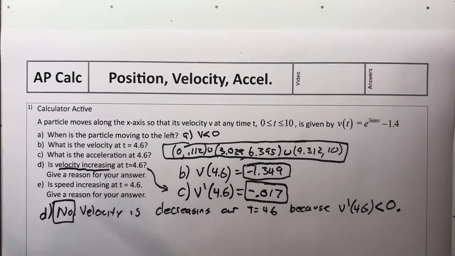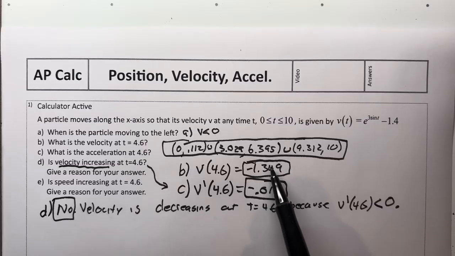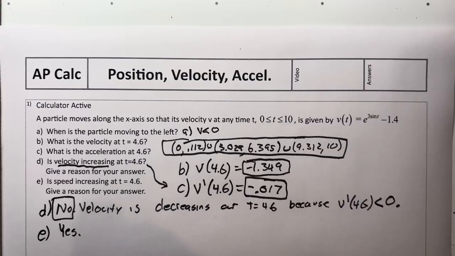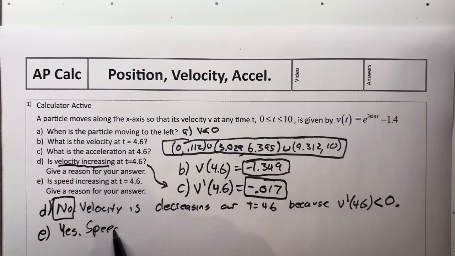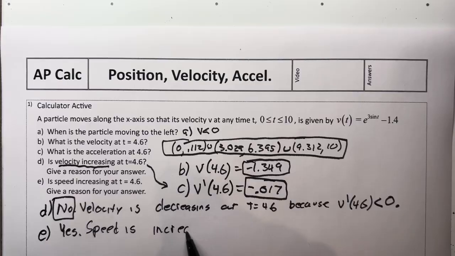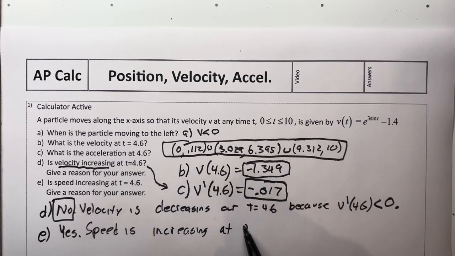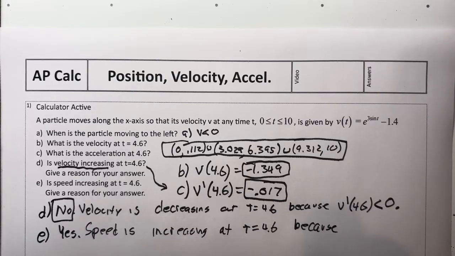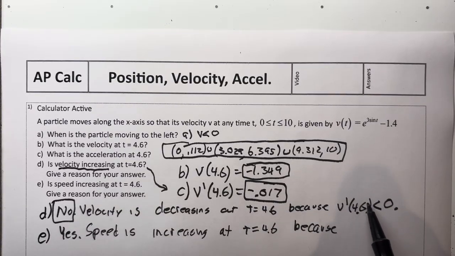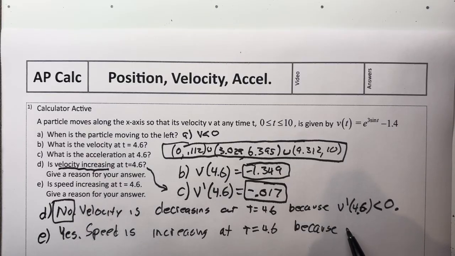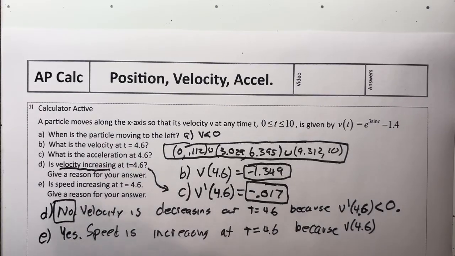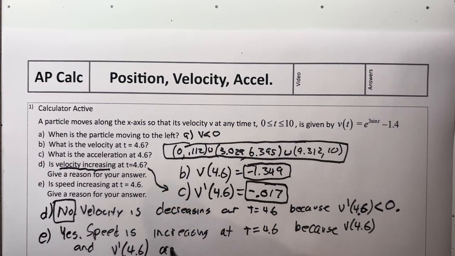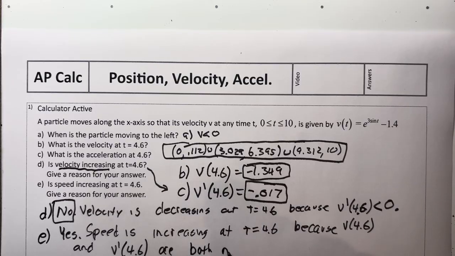Is speed increasing at 4.6? Now, speed increasing, something speeding up, is a judgment of both velocity and acceleration. So we want to say yes. Speed is increasing at t equals 4.6 because, and notice how I'm specific to 4.6, v of 4.6 and v prime of 4.6 are both negative.